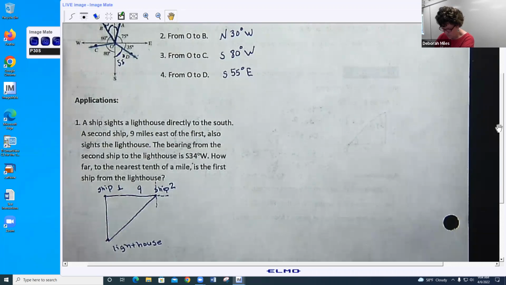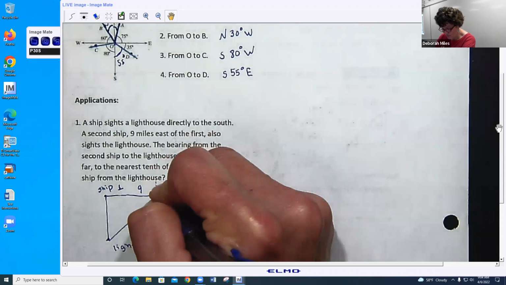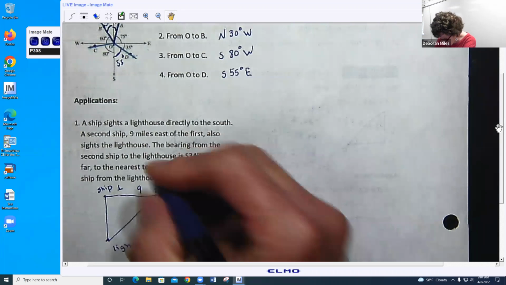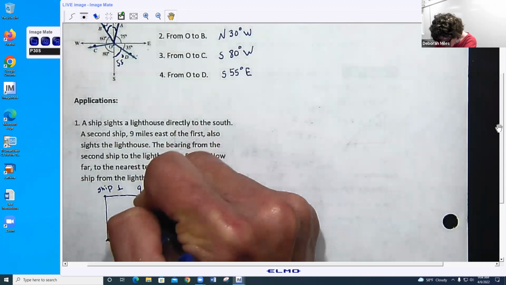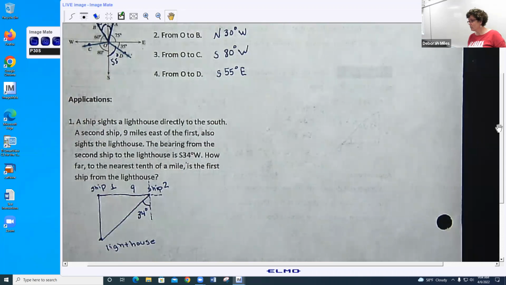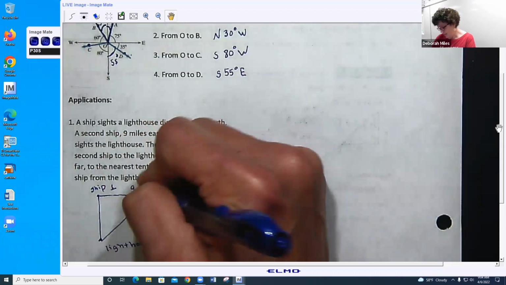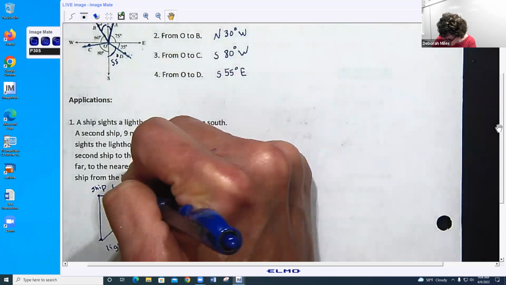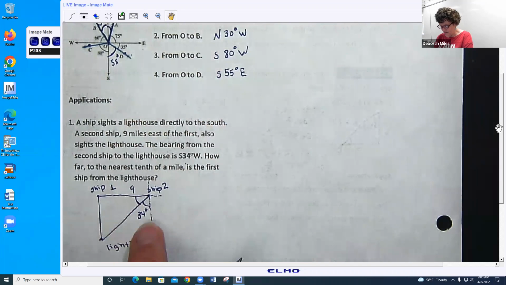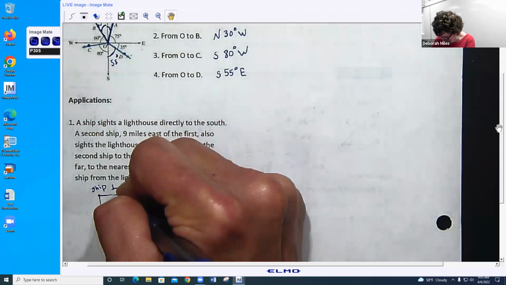The exterior angle. Here's my south line. So that 34 degrees is this. So the interior angle is complementary to that. The interior angle is 56 degrees.